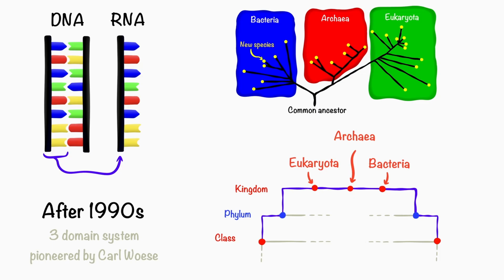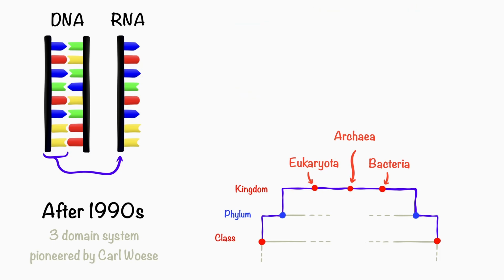Through RNA sequence analysis made possible by new technology, Woese identified 3 fundamental divisions of life that supersede the kingdom level. The 3 domains are archaea, bacteria, and eukaryota. These represent the earliest evolutionary branches in the tree of life.